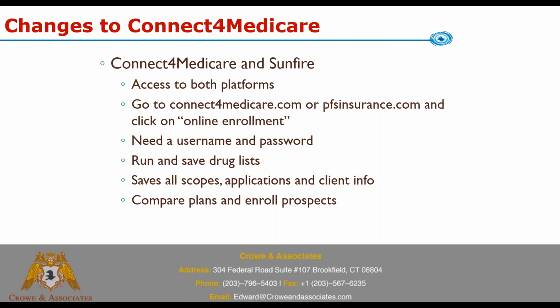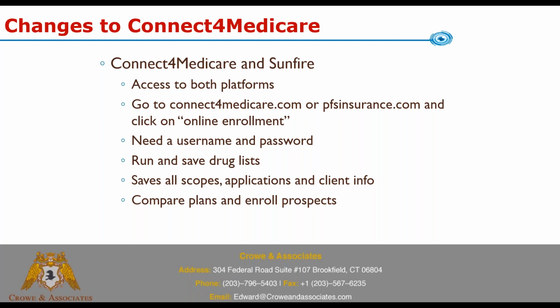On both platforms, you can run and save drug lists just like you can on the CMS website. If you've tried CMS.gov in the past, you can enter a list of drugs and it will show you how much those drugs cost for the year on an Advantage plan or a PDP. You can do the exact same thing on Connect and Sunfire.